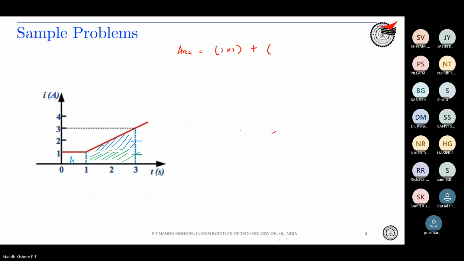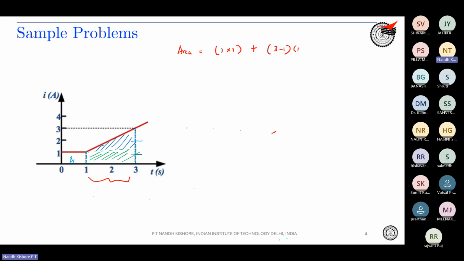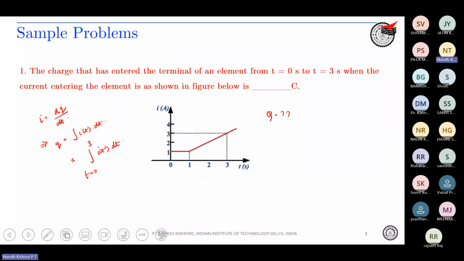It would be 3 minus 1 into 1, plus the area of the triangle, which is half into base into height. The base is 3 minus 1, and the height is again 3 minus 1. So you get 1 plus 2 plus 2, which is 5 coulombs.